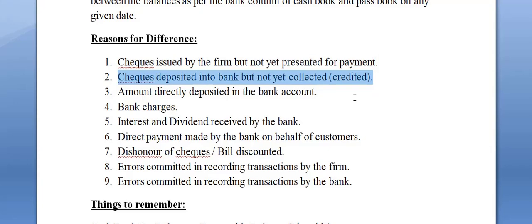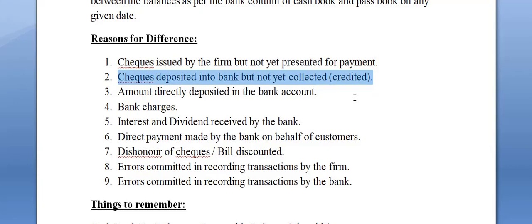So why does it happen? Actually, when you deposit a check in your bank, from the bank it goes to a clearing house. It's a place where the checks of all the banks go. In the clearing house, the checks get cleared, and then the information will be given to the bank, and ultimately your money will be credited.